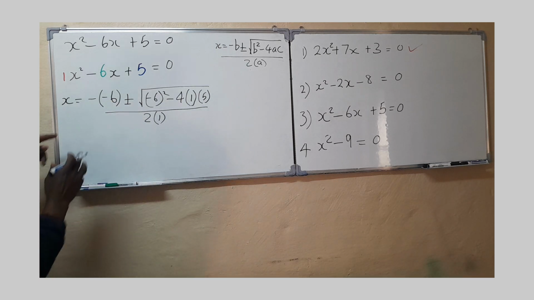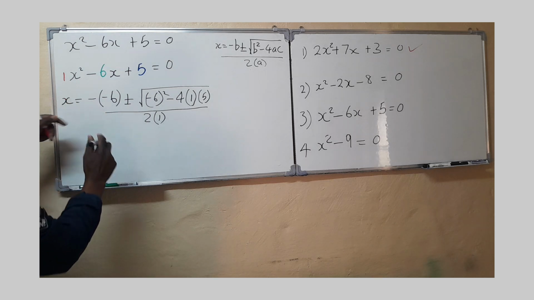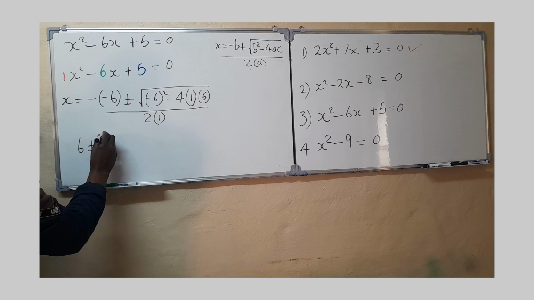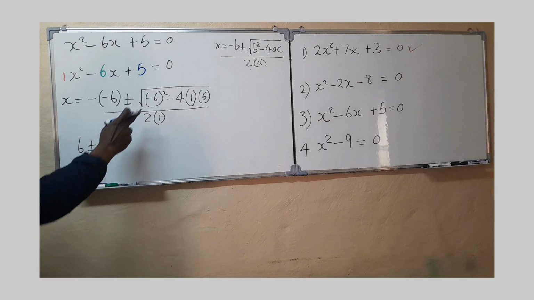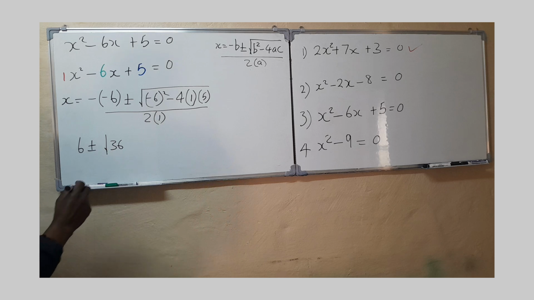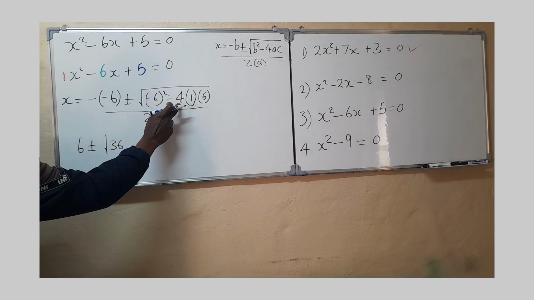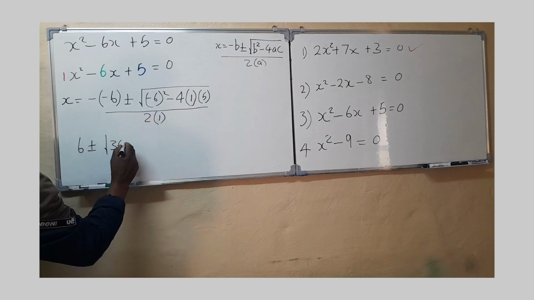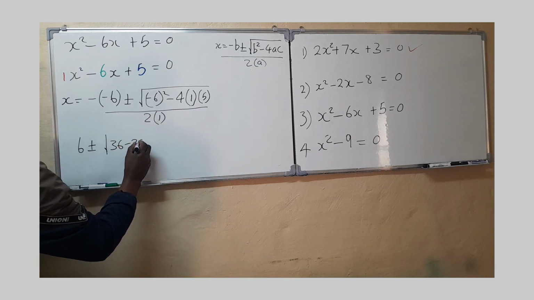So let's simplify things now. A minus 6 gives us a 6, plus or minus here, a minus 6 squared is just 36. Okay, then minus 4 times 1 is 4, times 5 is a minus 20.